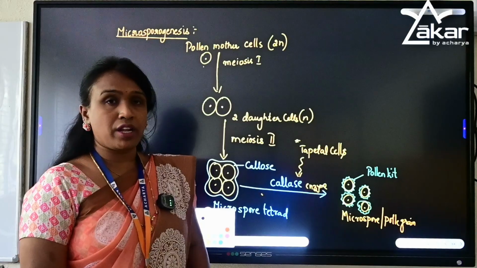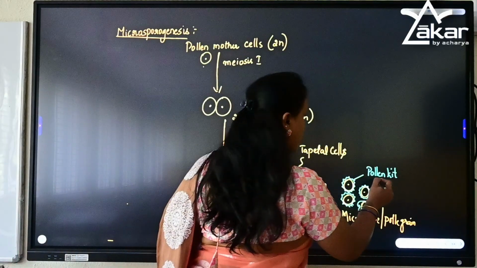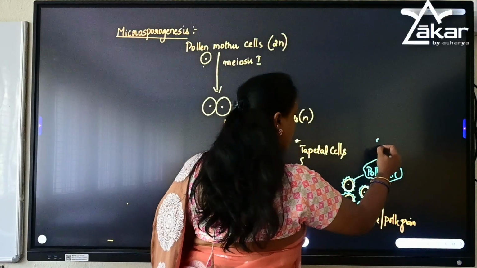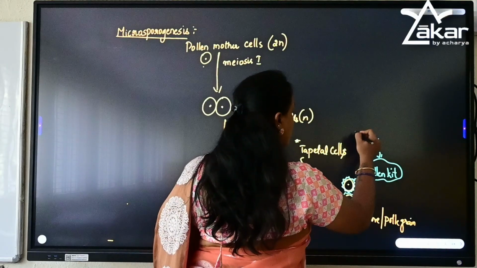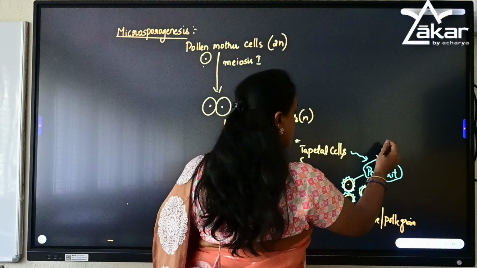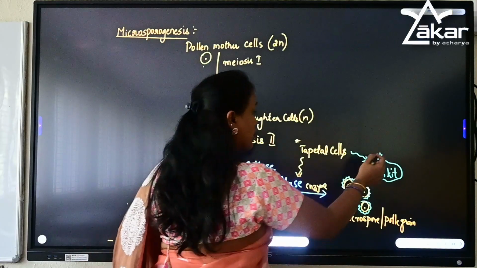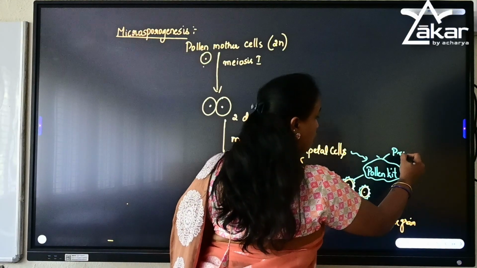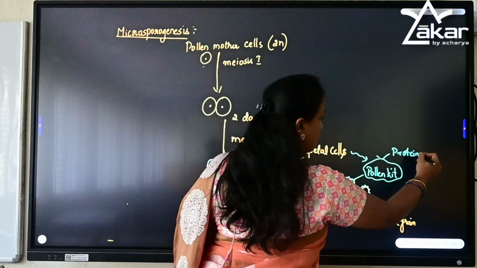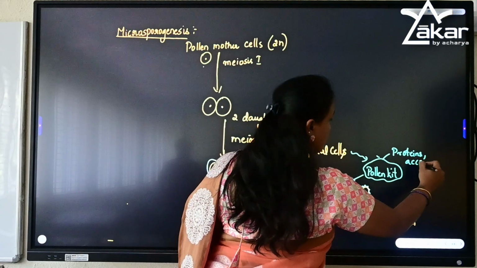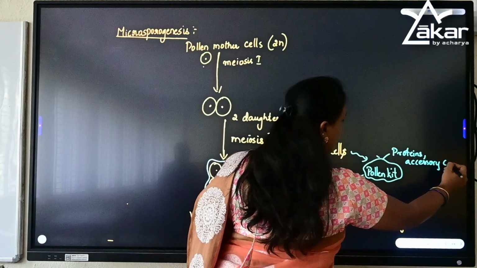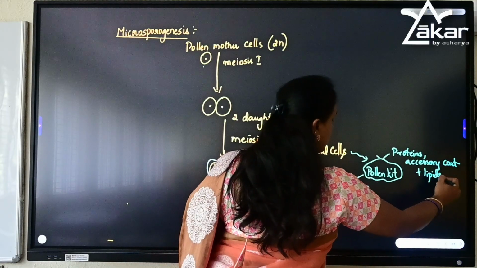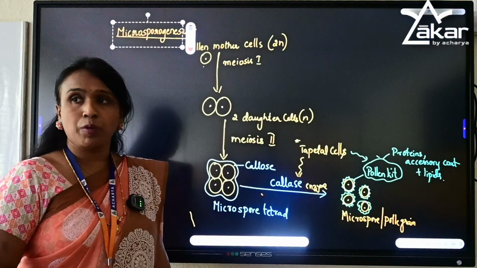And each pollen grain is now surrounded by a pollen kit, and this pollen kit is again produced by the same tapetal cells. This pollen kit contains proteins, accessory coat, and also lipids, which overall protect the pollen grains.